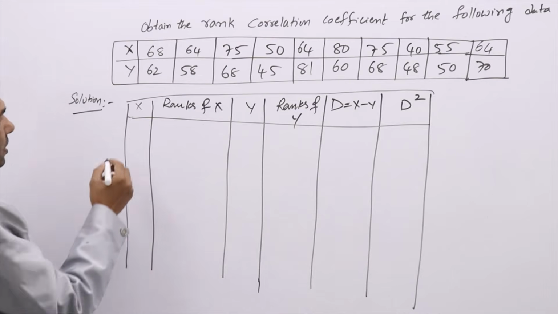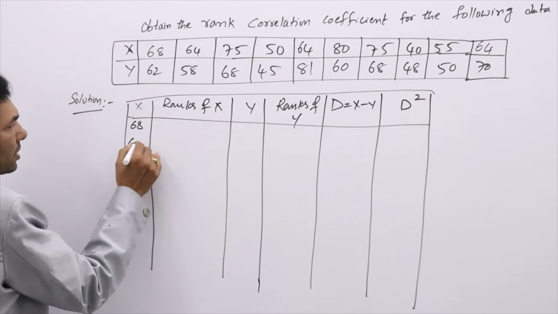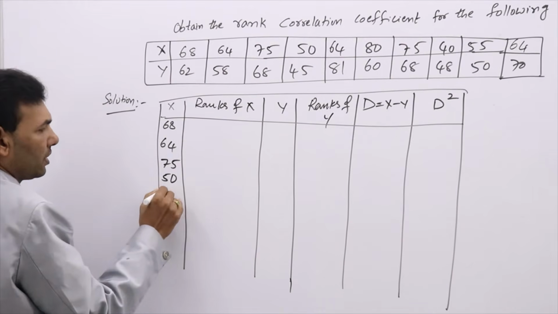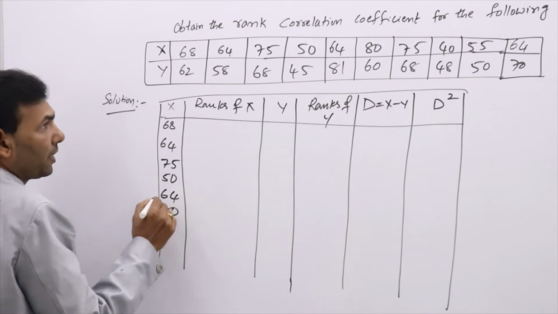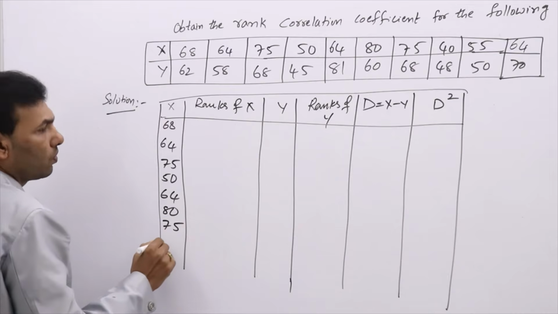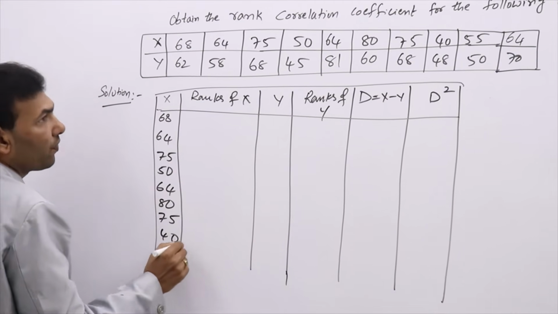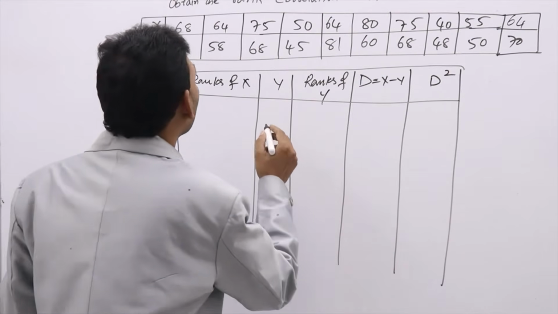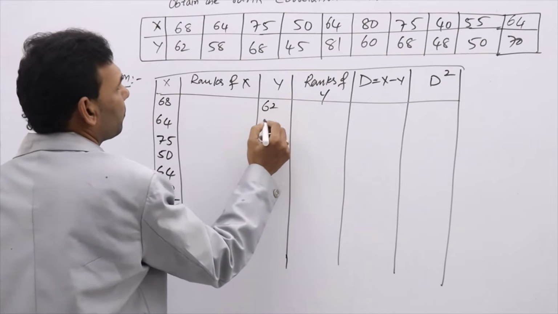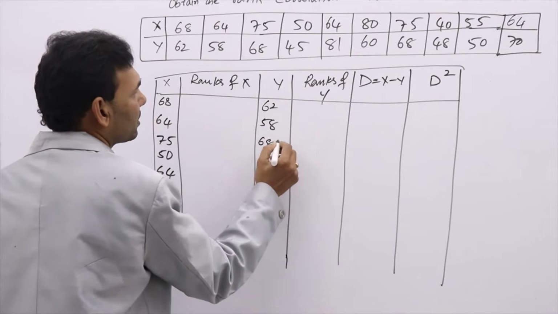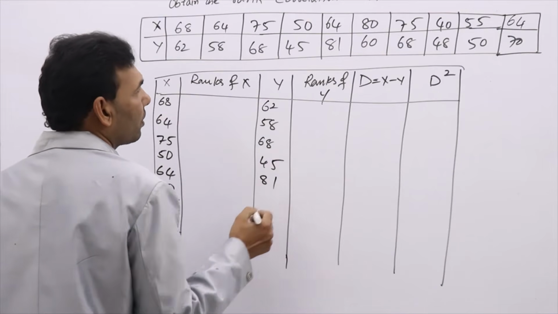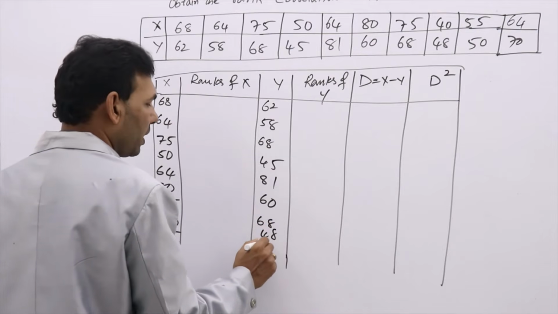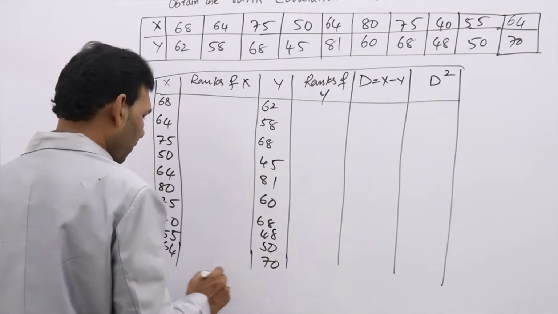So x marks: 68, 64, 75, 50, 64, 80, 75, 40, 55, 64. Similarly for y: 62, 58, 68, 45, 81, 16, 68, 48, 50, 70.